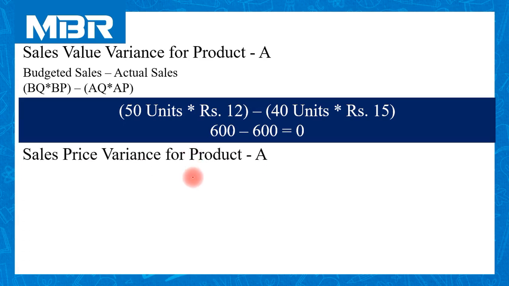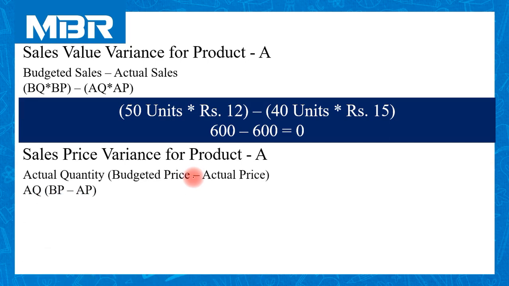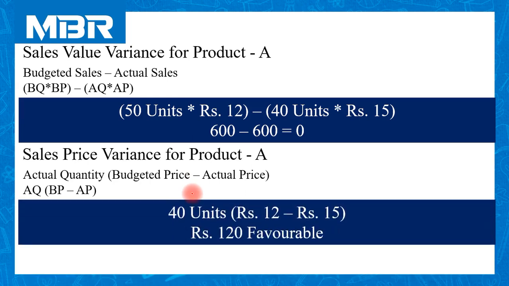Insert values into the second formula. Sales price variance for product A. Formula: actual quantity into bracket budgeted price minus actual price. As per our calculation, actual quantity 40 units, budgeted price as given in the question rupees 12.